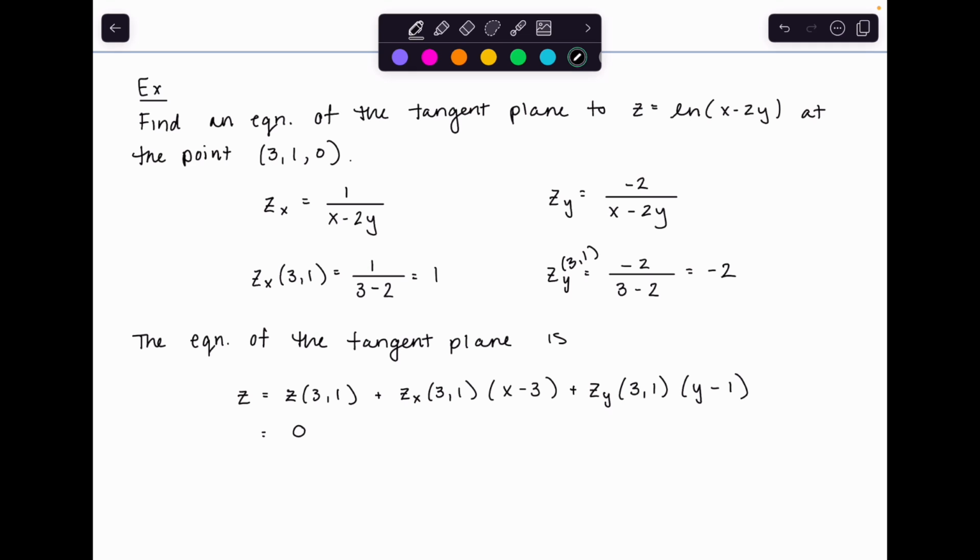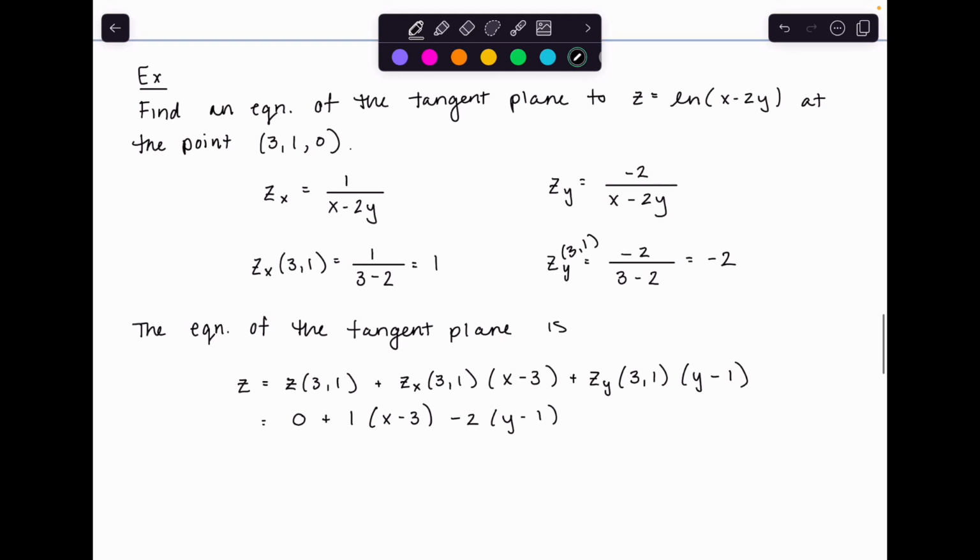So if I plug (3, 1) into the function, again, they already tell us that is 0. The partial with respect to x at the point is 1, so times x minus 3. The partial with respect to y at that point is negative 2, and then we get y minus 1. If you left it like this, no problem.